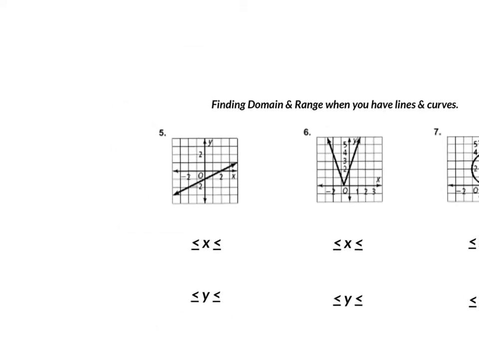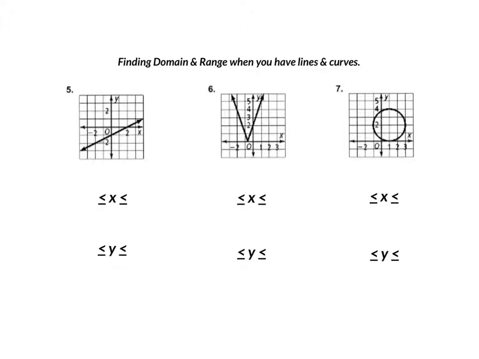As I'm looking at this, a simple way to think of the domain is: how far left does the graph go? Then we're going to put these symbols in here on every one of these. The symbol means that the domain on the x-axis is between these two numbers.